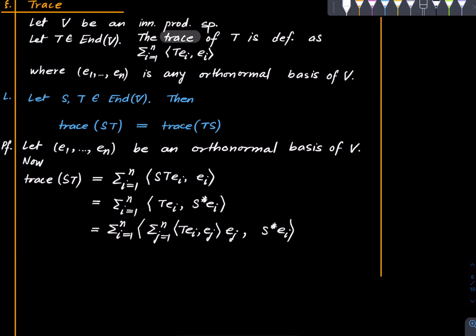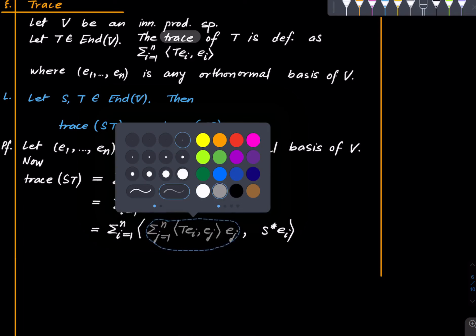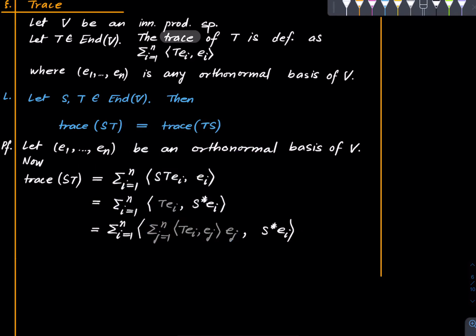Let me explain this. Basically, what we have done is this gray term. The gray terms are equal. Just think of this as a vector, and that can be split like this.